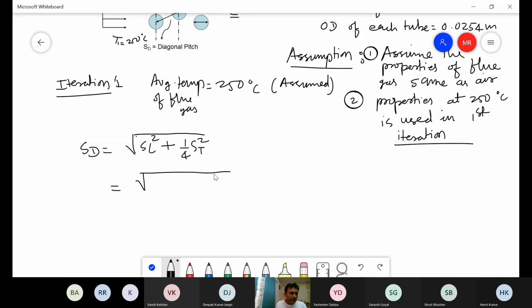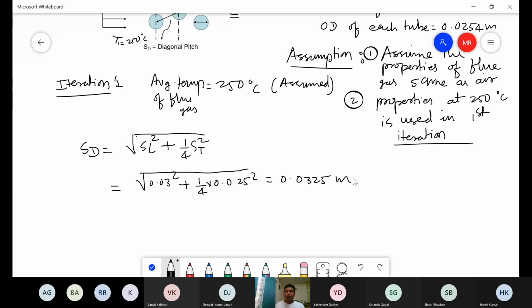SL is 0.03, squared, plus 1/4 of ST, which is 0.025, squared. So this becomes 0.0325 meter.